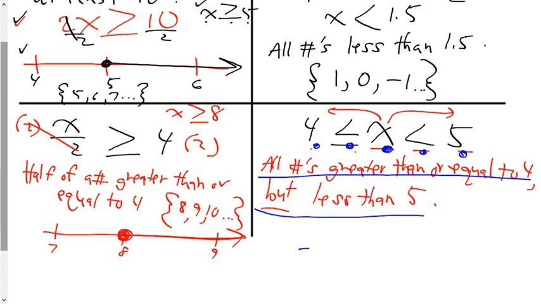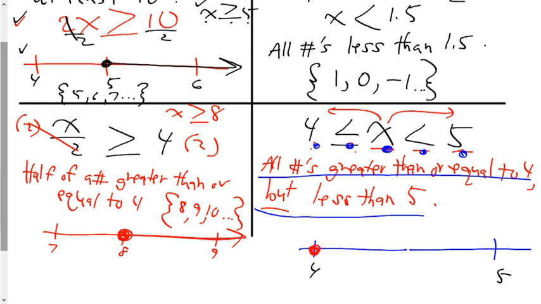When I take that and put it on my number line, my boundaries will be 4, 5, oh no, I guess 4, 4.5, and 5, I suppose. I don't actually need this one. In fact, I'm going to erase it. I'm not even going to have it there. You can if you want. It doesn't matter. And then all numbers greater than or equal to 4 means it's a closed boundary on this.